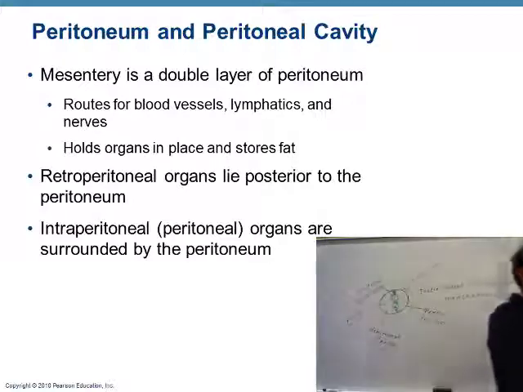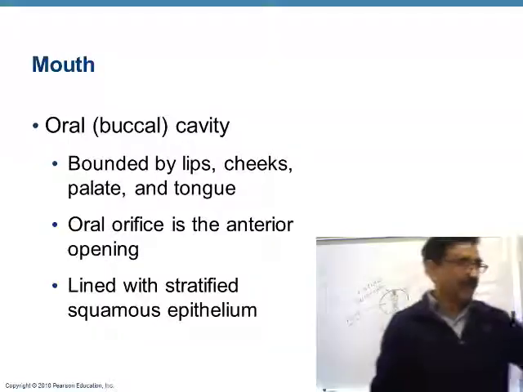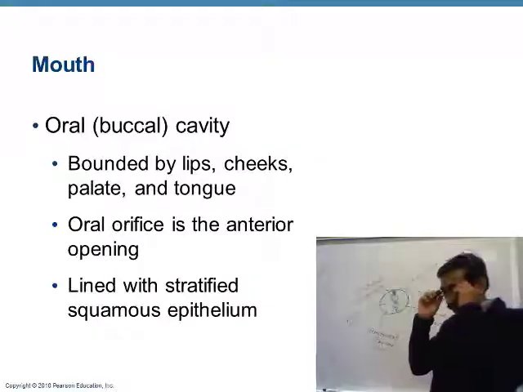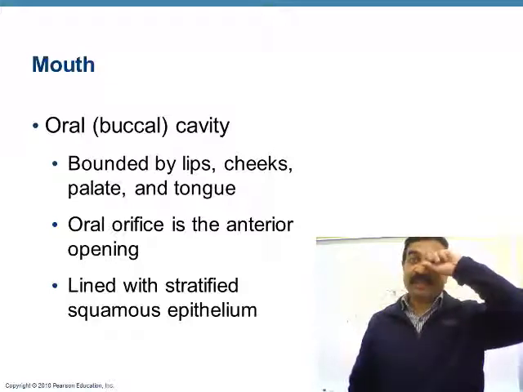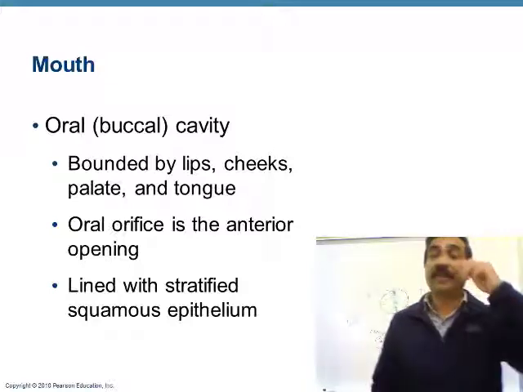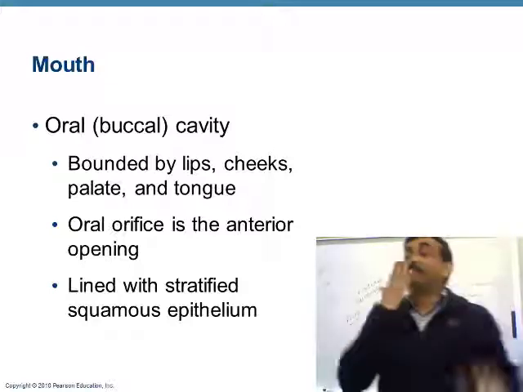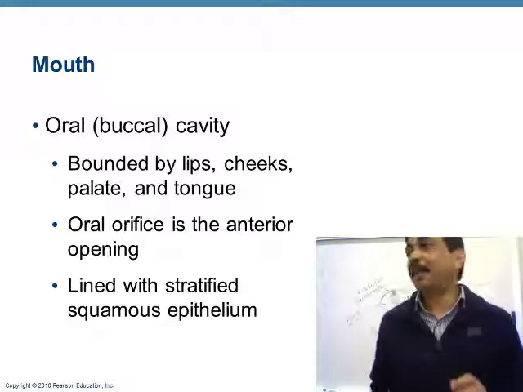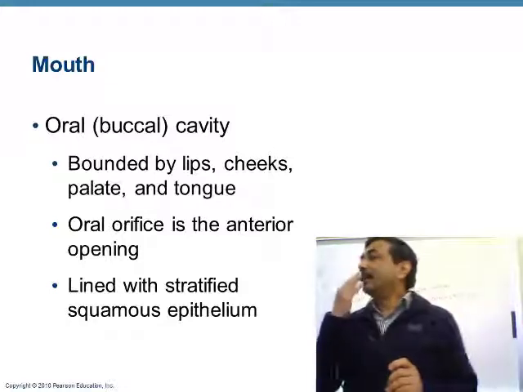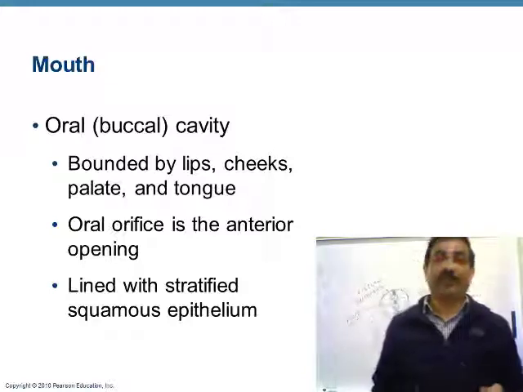Okay, now we will talk about the first organ of your digestive system, which is the mouth, uppermost, also known as the oral cavity. The front boundary of the mouth or oral cavity is formed by the lips.